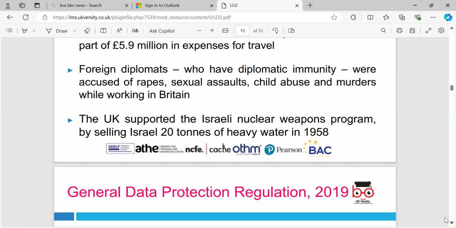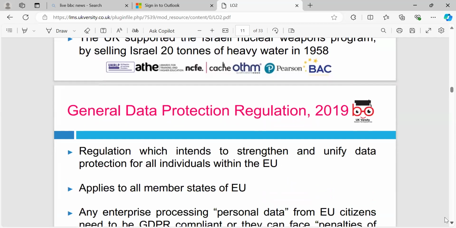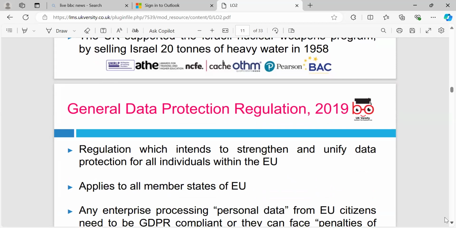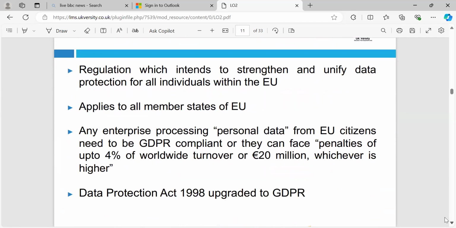So these are all, if you're looking at the procurement side, you can look around the General Data Protection Regulation 2019, which intends to unify data protection for all individuals within the EU. It applies to all EU member states, and any enterprise processing personal data from EU citizens needs to be GDPR compliant.